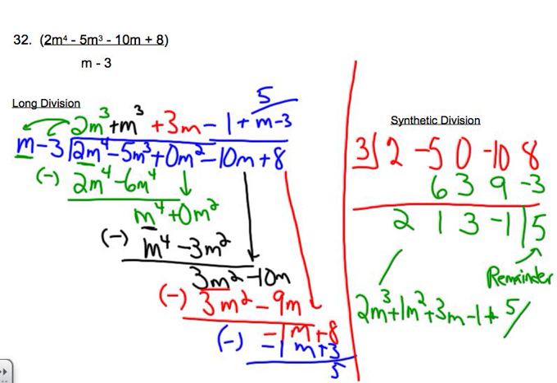So again, it's your remainder over your divisor. You could have done this problem either way.